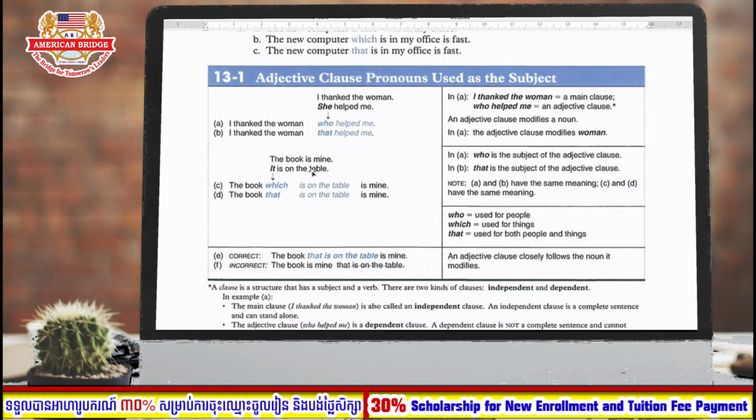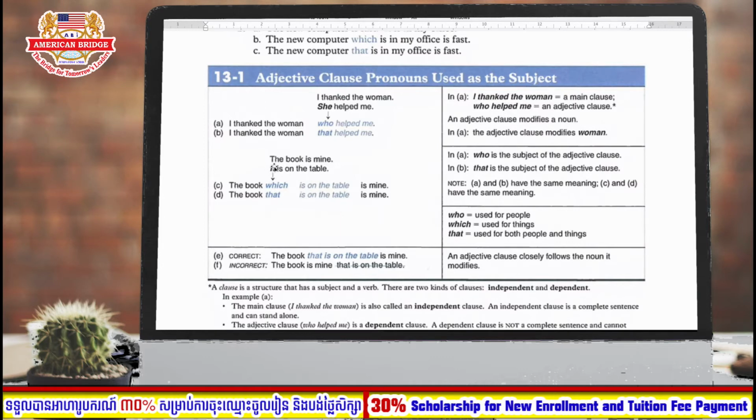For example C here, the book which is on the table is mine. So the word which refers to the book. It is the subject of the adjective clause because it modifies the word book here. And if you separate these into two different sentences, you can see the book is mine, it is on the table.